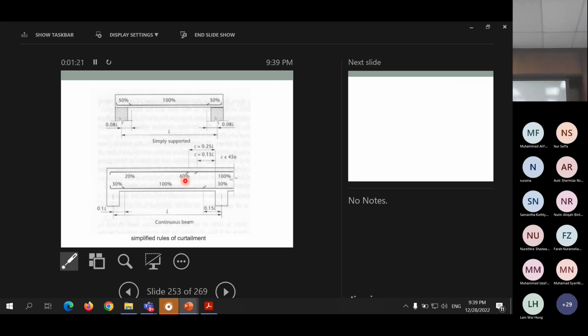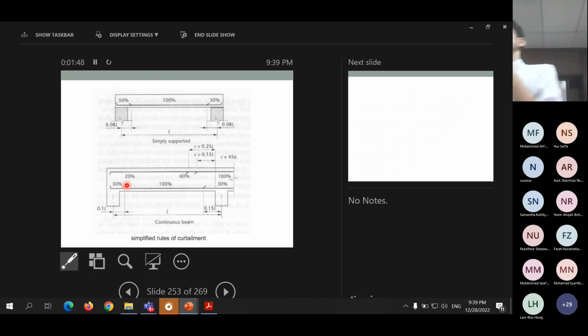So you cannot have 3.6 bar, so 4 bars. 4 bars will extend further and then stop here, which is 0.25 L from the face of the support. So they show you another line here because the 6 bar that you design for the maximum moment at the support will stop here. Then 4 bars will continue further and then stop here.